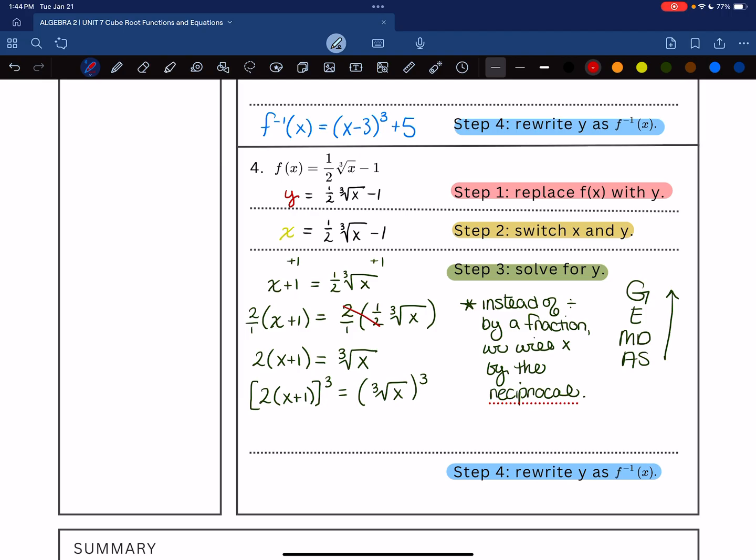So that will undo that operation. And on the other side, let's see what we have. We need to take and cube the 2, which would be 8, and then we need to cube this group as well.